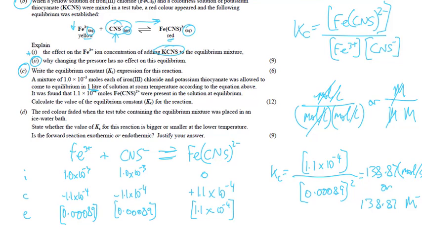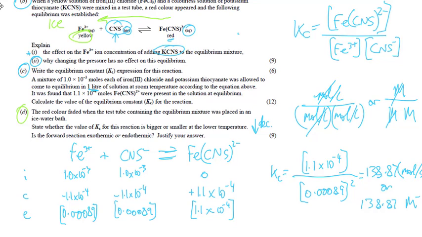Okay, was there another question? Yeah. So part D here, the red color faded when the test tube containing the equilibrium mixture was placed in an iced water bath. State whether the value of Kc for this reaction is bigger or smaller at lower temperatures. When the system was put under a cold stress, it went less red, it went to yellow. So when it favors this reaction, it went to yellow.